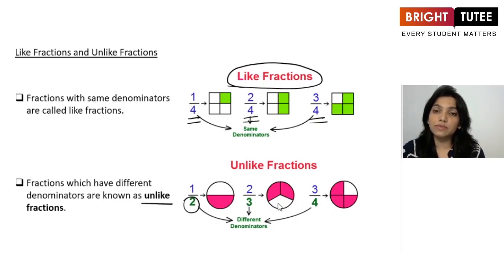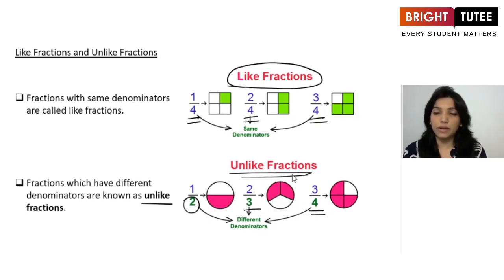In the second image we can clearly see 3 divisions in the circle, so this denominator is 3. And in the last one, 4 parts are seen out of the whole, so 4 is the denominator. So clearly we have different denominators, and thus these kinds of fractions are unlike fractions.